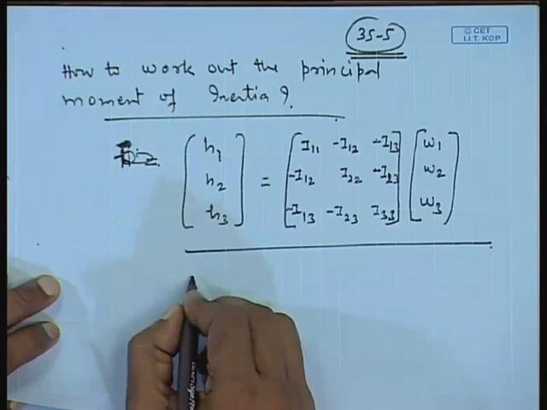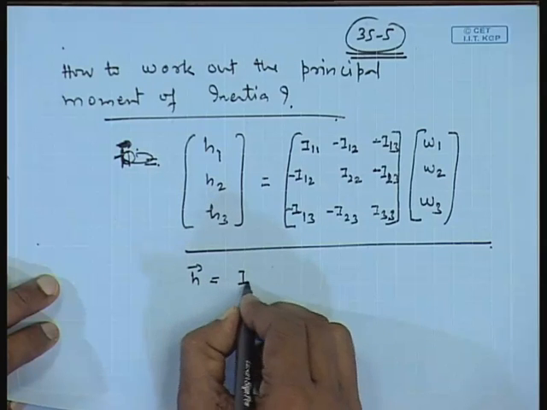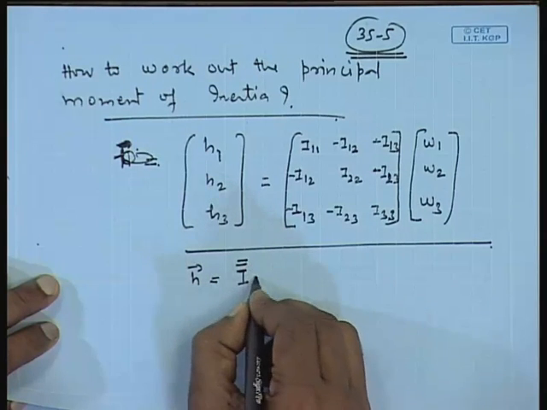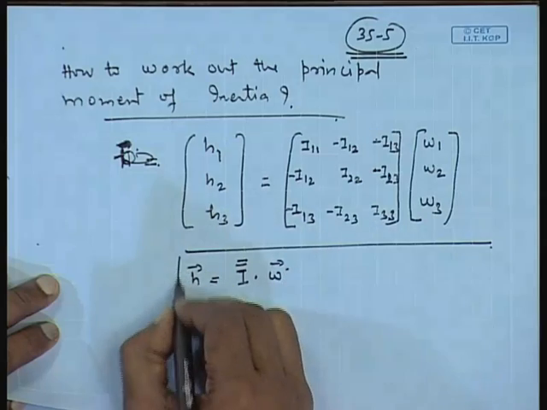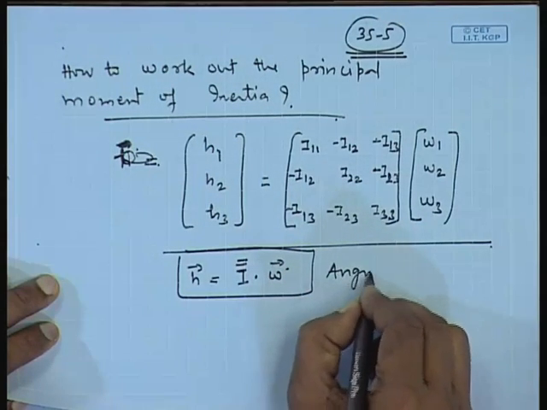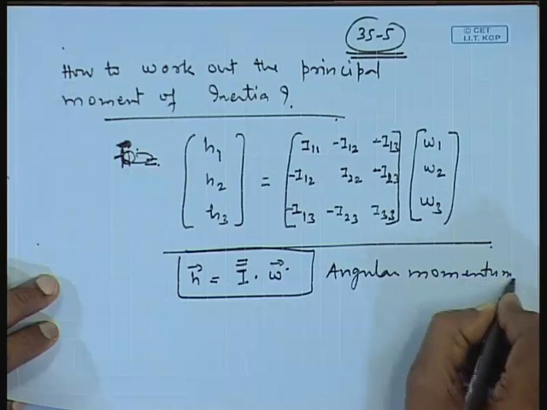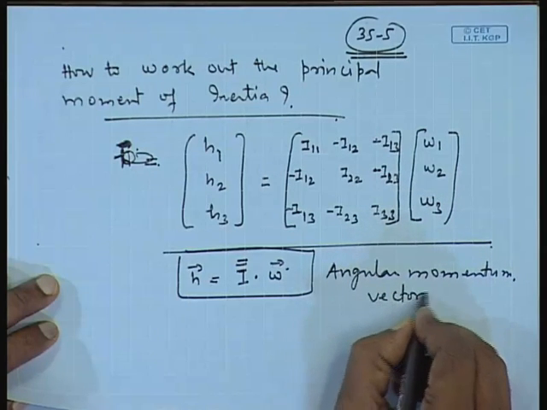So, in other words, H can be written in terms of the inertia dyadic. So, this is your angular momentum vector.